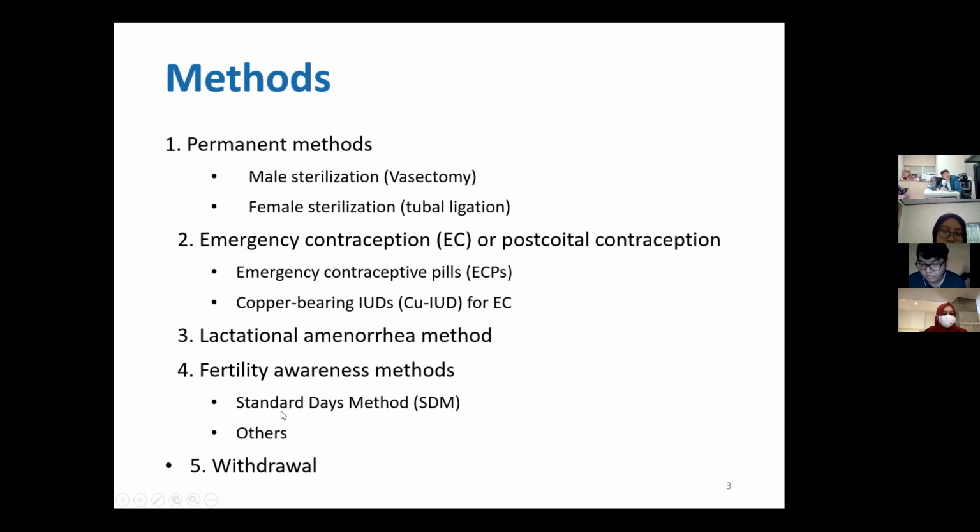Right now, not only the card, some have an app. Once you have a cell phone, you can use the app to remind you when is the dangerous period. The other very old traditional method is withdrawal during intercourse. Before the ejaculation, we withdraw.